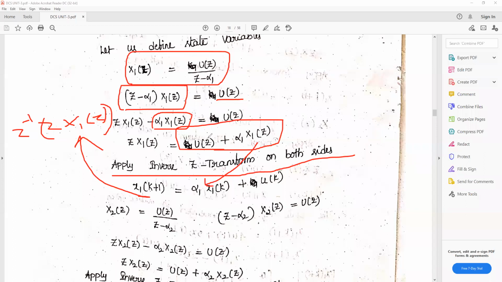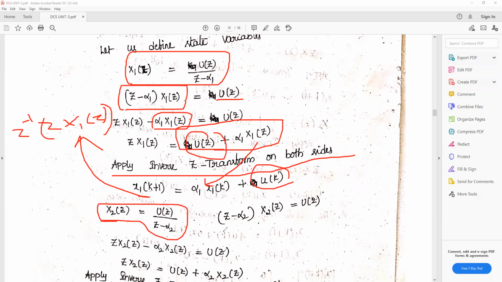Z inverse of u of z is u of k. And the second one, x2 of z is equal to u of z by z minus alpha 2.